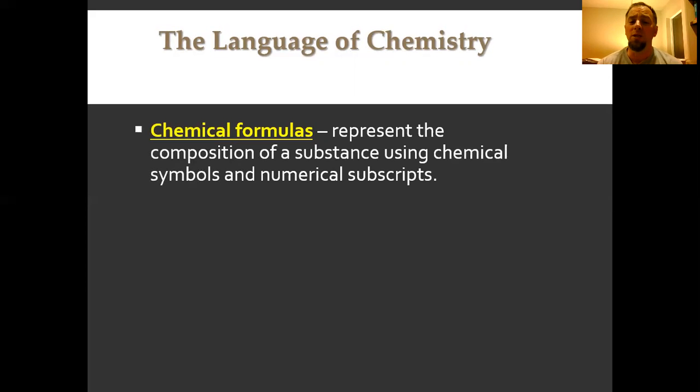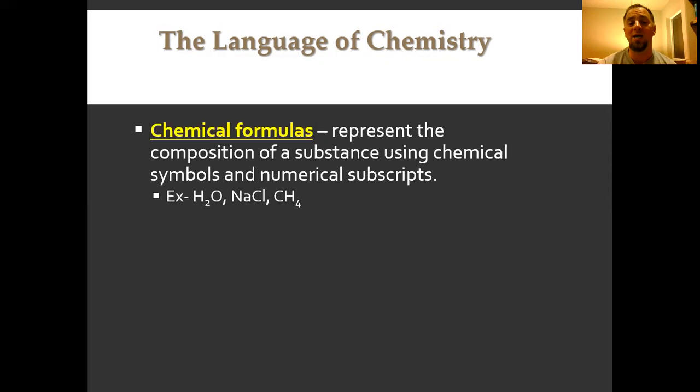Our chemical formulas represent the composition of a substance using the chemical symbols and numerical subscripts. We looked at a lot of those different elements on the periodic table. We use those symbols and numbers next to those symbols to indicate how many of that atom is in that compound or chemical formula. For example, H2O, water, tells us there are 2 hydrogen atoms along with 1 oxygen atom.